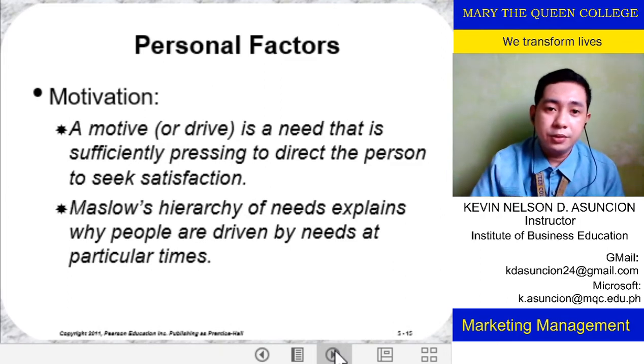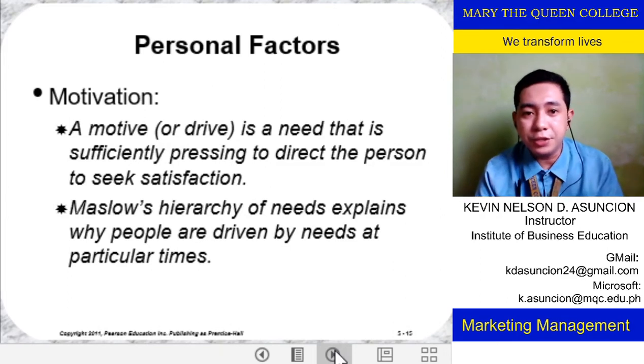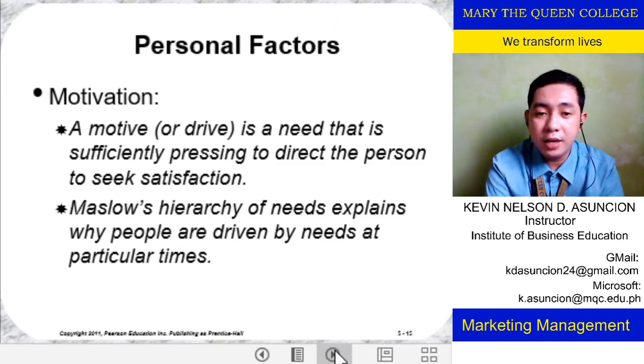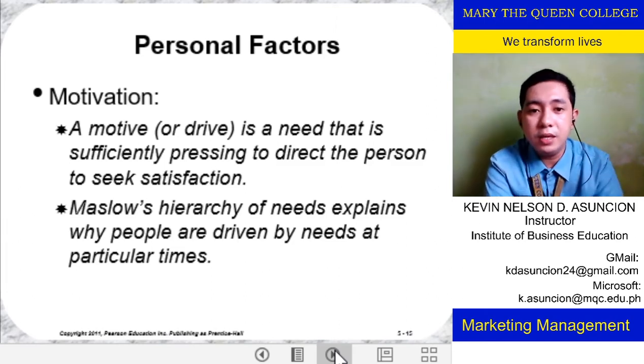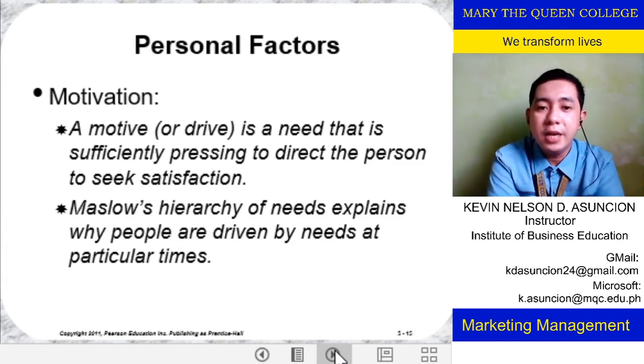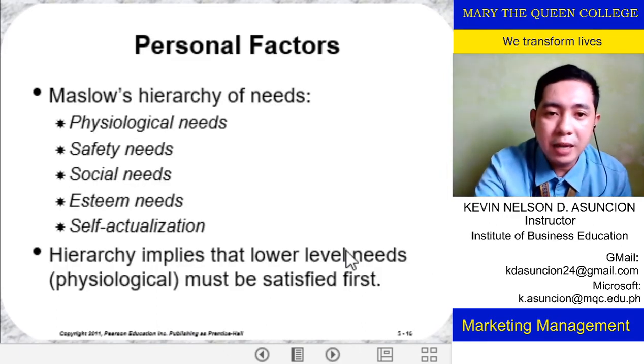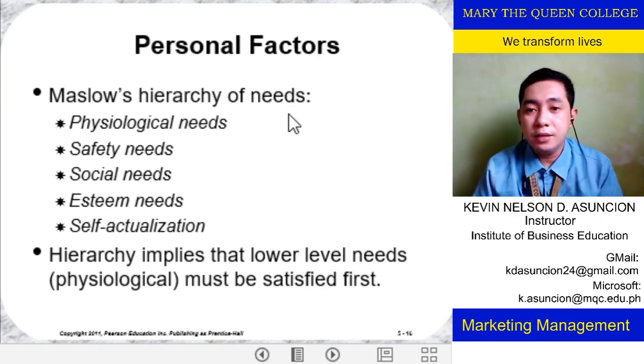So that leads us to motivation. A motive or a drive is a need that is sufficiently pressing to direct the person to seek satisfaction. So that idea is coming from Maslow's hierarchy of needs. Explain why people are driven by needs at particular times. If you know Maslow's hierarchy of needs, no?